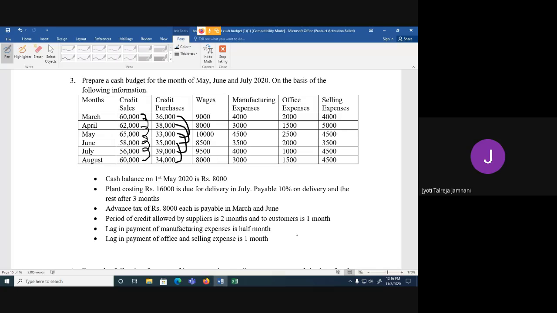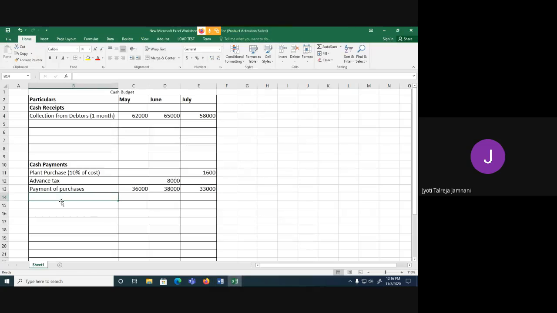Is the logic clear? Yes, ma'am. So from 1st to 15 you work, you take the salary on 16. From 16 to 31st you work and you take the salary on 1st of the next month. So that is how we will have to show it, half in the current month and half in the next month. Okay, so let's see how we are going to write it here. So write manufacturing expenses and the time lag is half month.